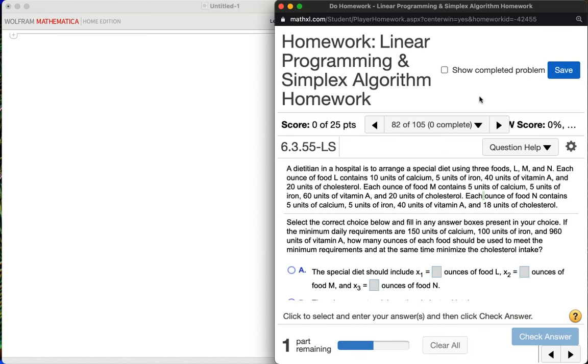This is a typical minimization problem where all of the constraints are going to be greater than or equal to. To solve it, we are going to use the concept of duality that was explained and demonstrated in my previous video. So let's go through the problem. This may take some time, but that's okay.